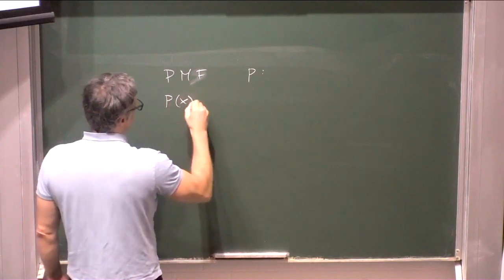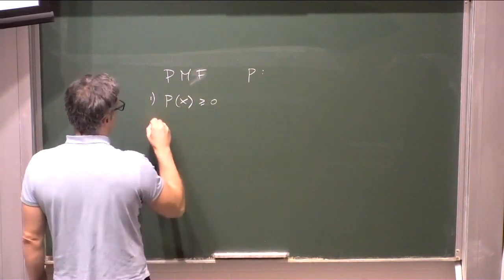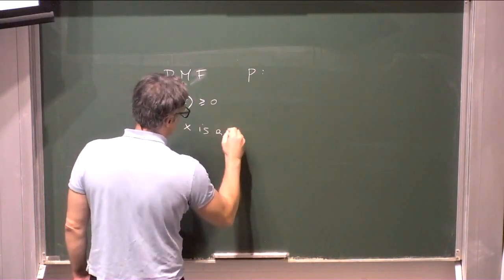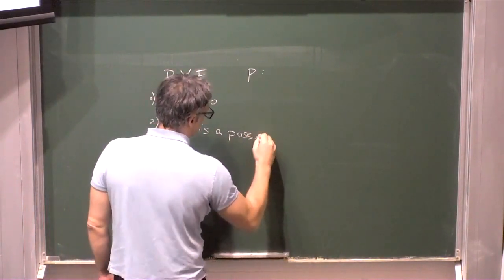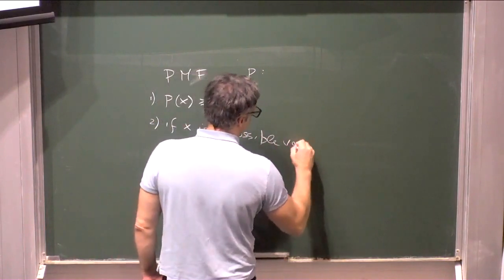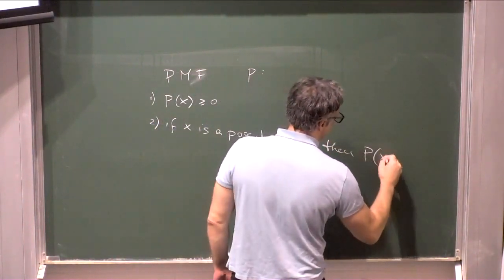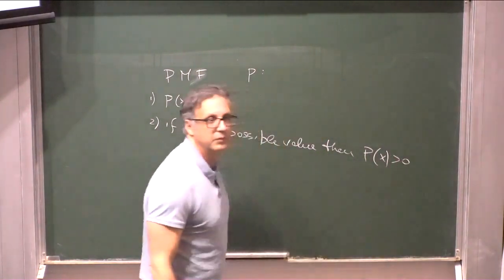P of x is larger or equal than 0. If x is a possible value, then P of x is positive, stronger.